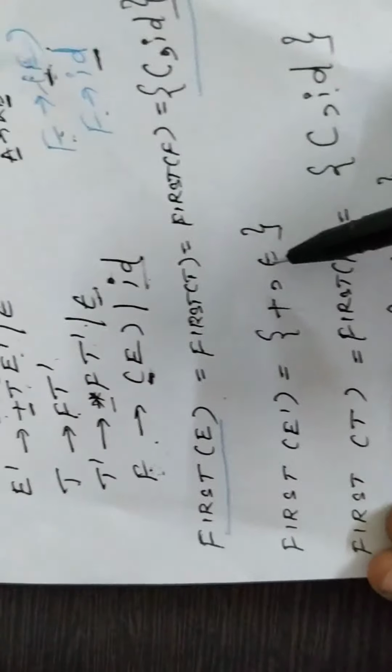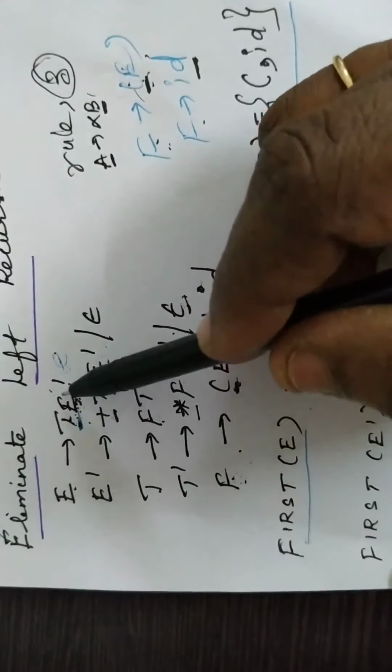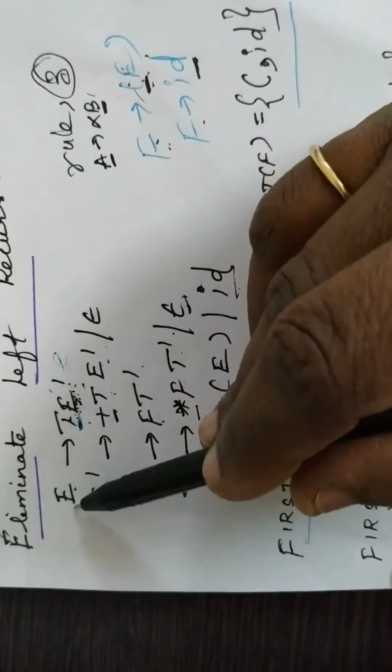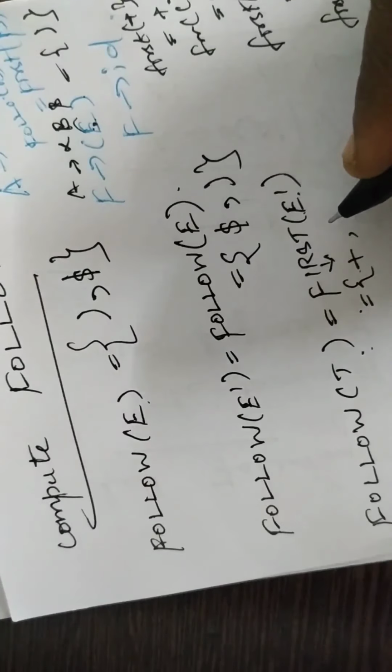If you put epsilon in place of E dash, nothing is there, so T is followed by nothing, and again follow of T is follow of E. So what is follow of E? Follow of E is dollar, and already we got close bracket and dollar.